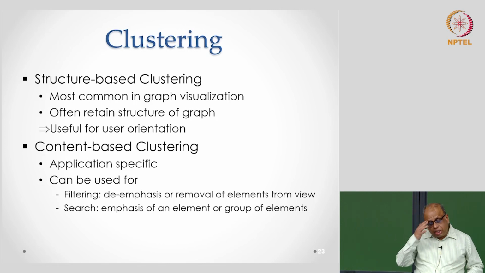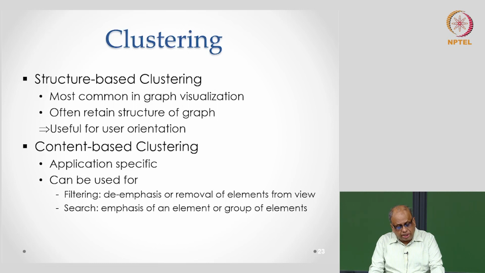So filtering is totally leaving out some data, while you can also have clustering. In clustering, you group data together based on various similarity measures, and the similarity can be structure based clustering or content based clustering. Okay, in structure based clustering, you want to retain the structure of the graph, and that is very useful.